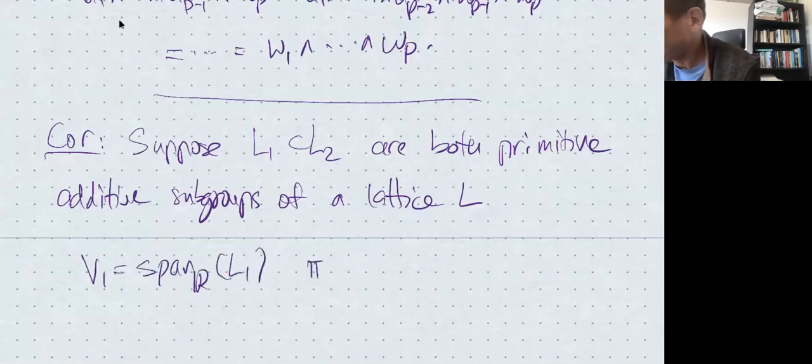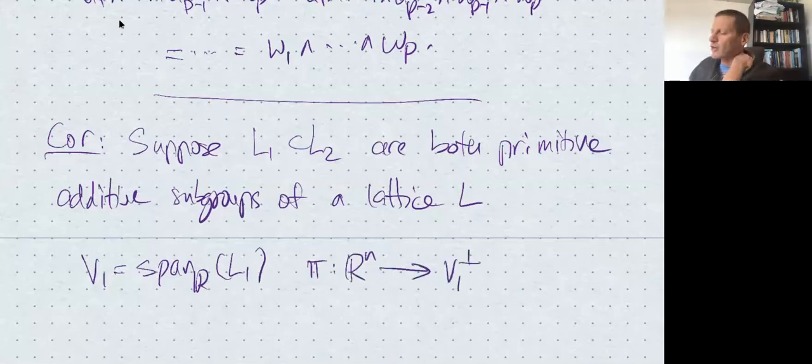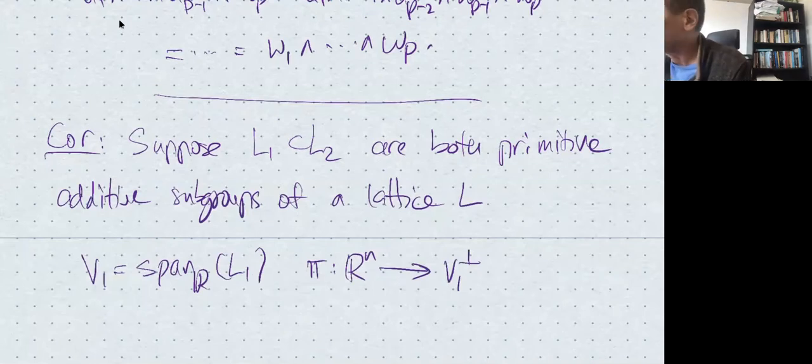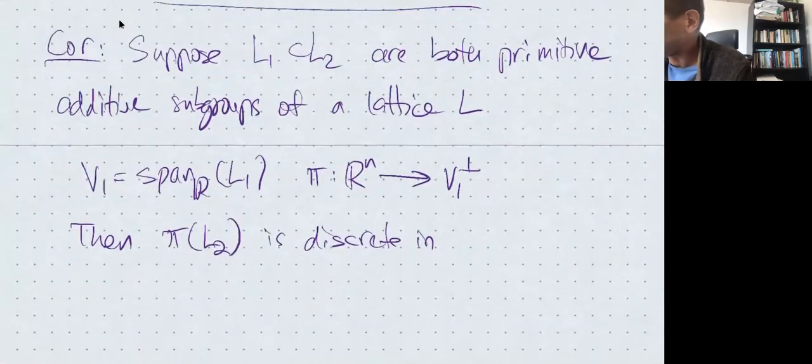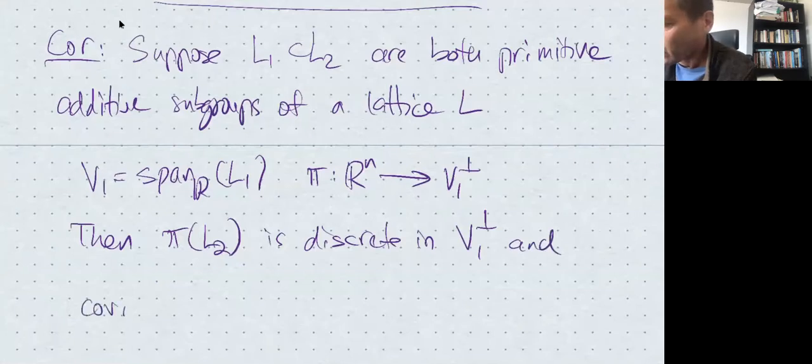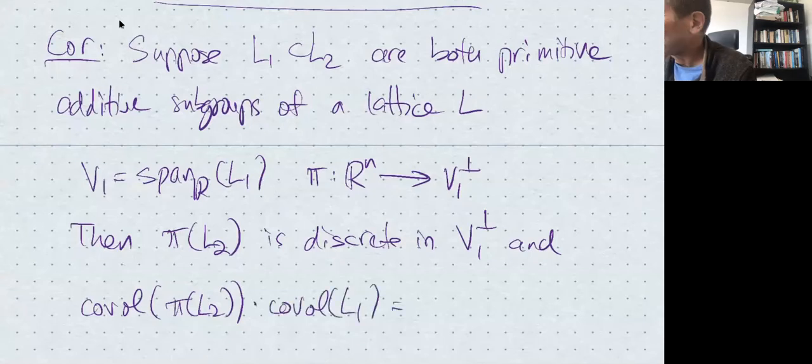Let pi from R^n be the projection on the orthogonal complement of V1. Then pi of L2 is discrete in V1 perp, and the co-volume of pi of L2 times the co-volume of L1 is the co-volume of L2.